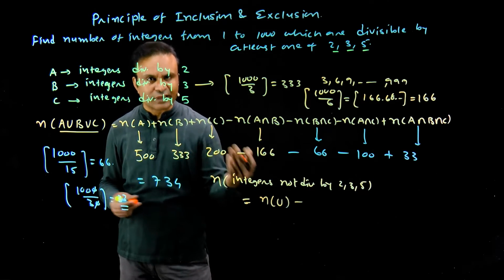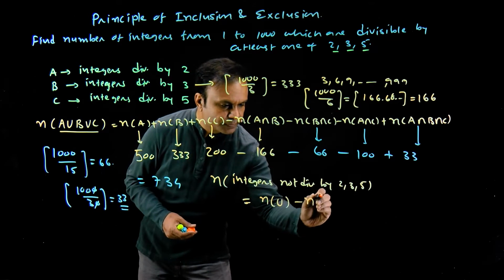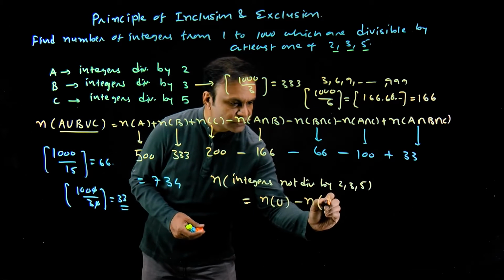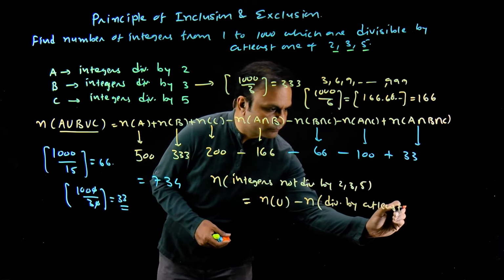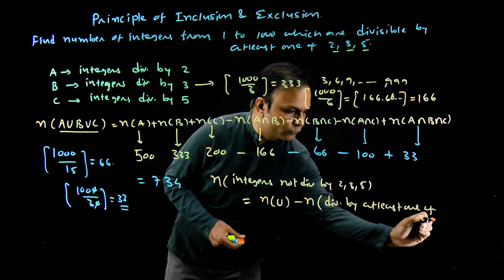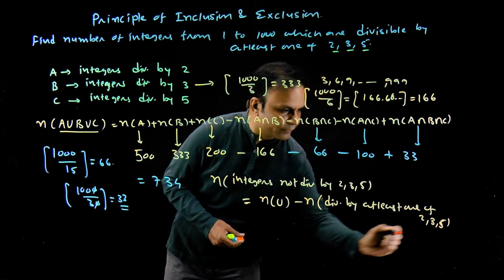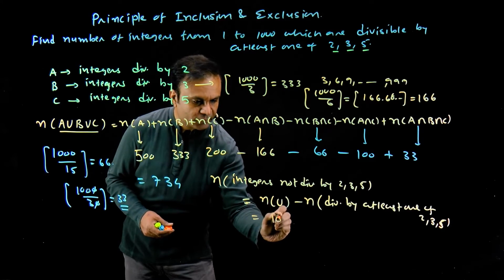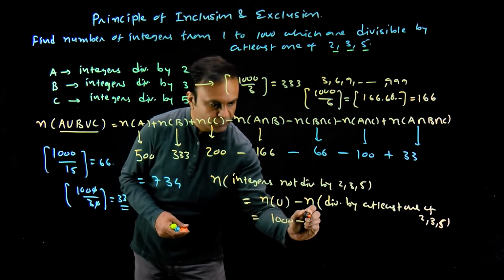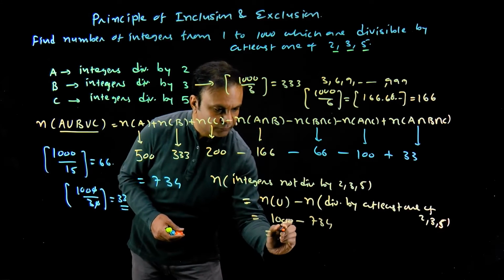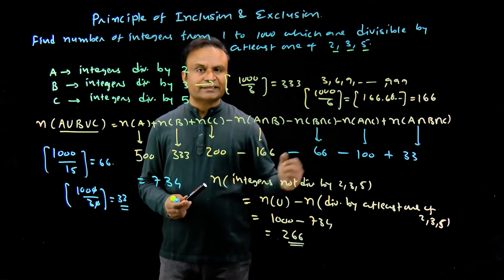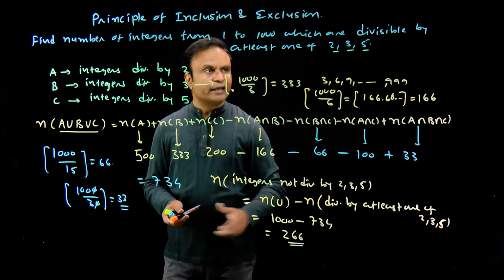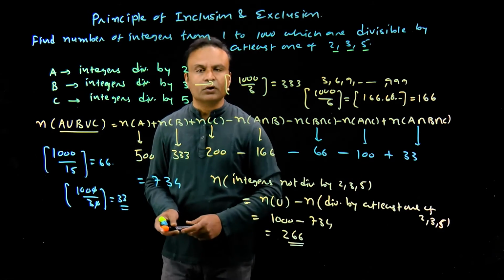That means we have 1000 integers minus number of integers which are divisible by at least one of 2, 3 or 5. So this is equal to 1000 minus 734. This is equal to 266. So there will be 266 integers which are not divisible by any one of these 2, 3 or 5.